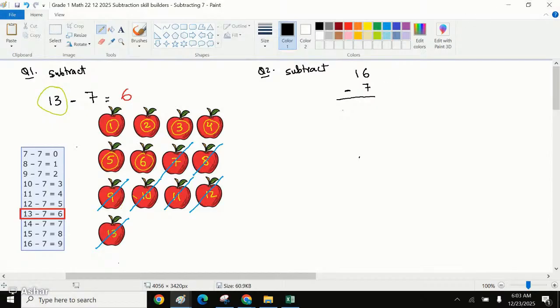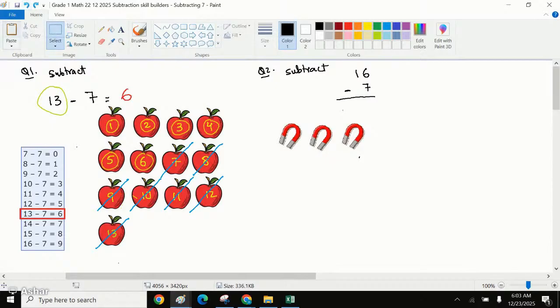Let's see how we can remove 7 from 16. Let's copy some objects, new shape. Okay, if we have a magnet now, we have 1, we have 2. I'll just copy them quickly. We have 3, and we have 4 magnets, right?